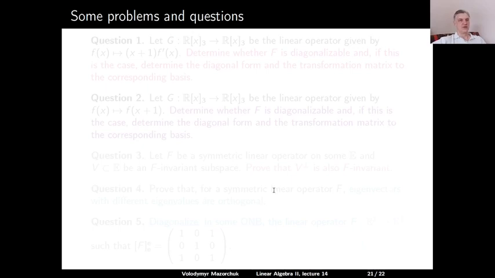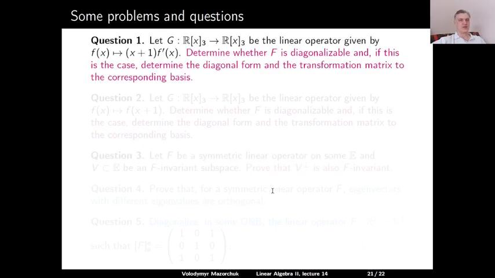Let us finish with some additional problems and questions. Question 1. Let G from R_3[x] to R_3[x] be the linear operator which sends f(x) to (x+1) times f'(x). Determine whether it is diagonalizable, and if this is the case, determine the diagonal form and the transformation matrix to the corresponding basis.